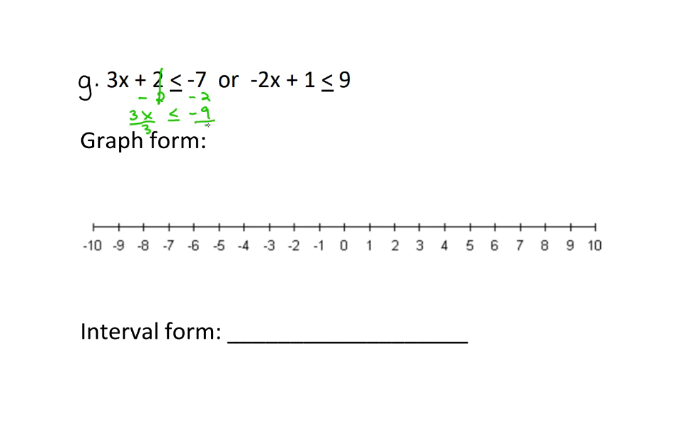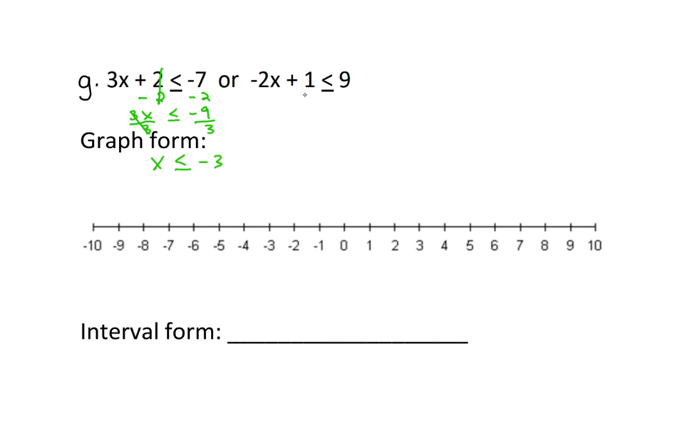Should we flip the inequality? No, because we are not dividing by a negative. Only if we are dividing by a negative number or multiplying by a negative number, that's the only time that we flip the inequality. So this would be x is less than or equal to negative 3.